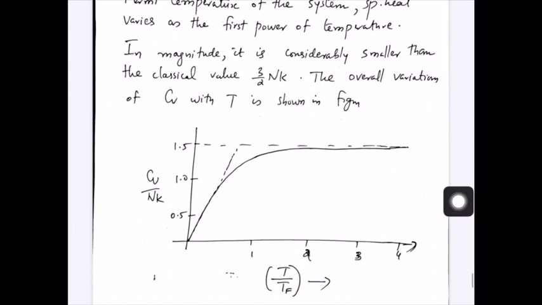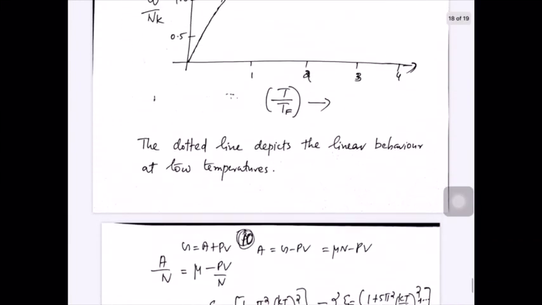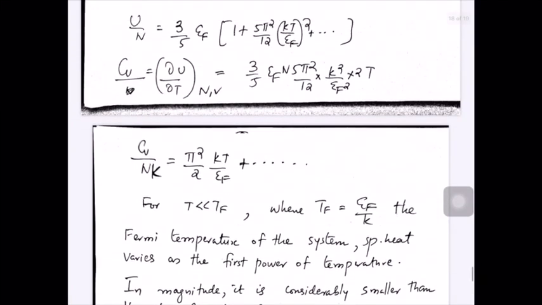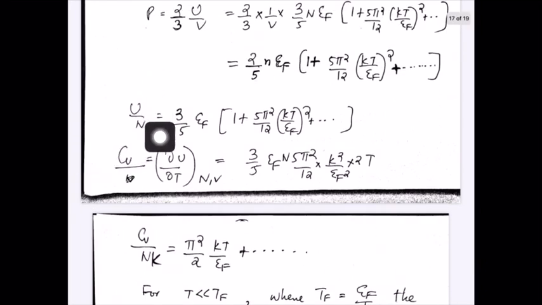So what we observe is, this is the equation for the specific heat, and this is the equation for the pressure. Okay, the pressure, and this is the equation for energy density for a finite but low temperature.